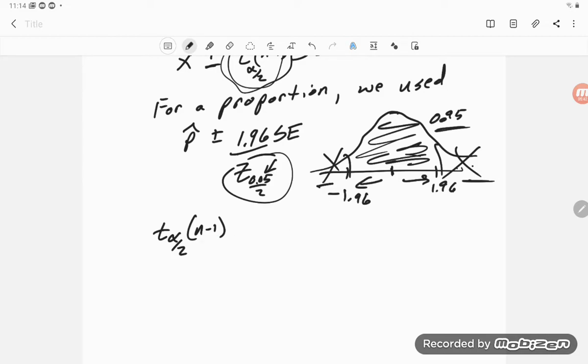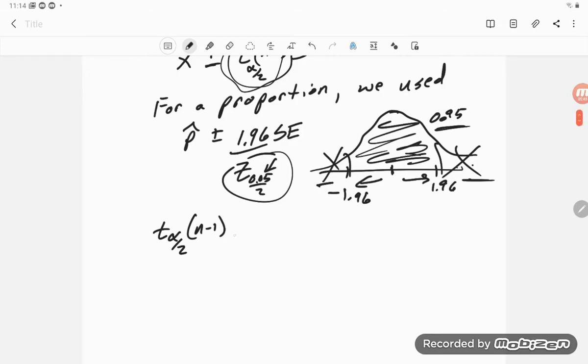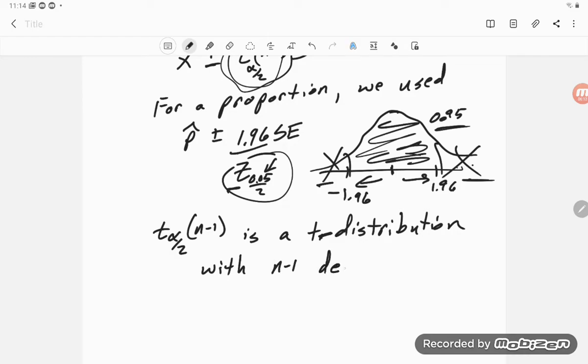So t alpha over 2 of n minus 1 is a t distribution instead of a normal distribution or a z distribution, right? They use z here. A t distribution with n minus 1 degrees of freedom.